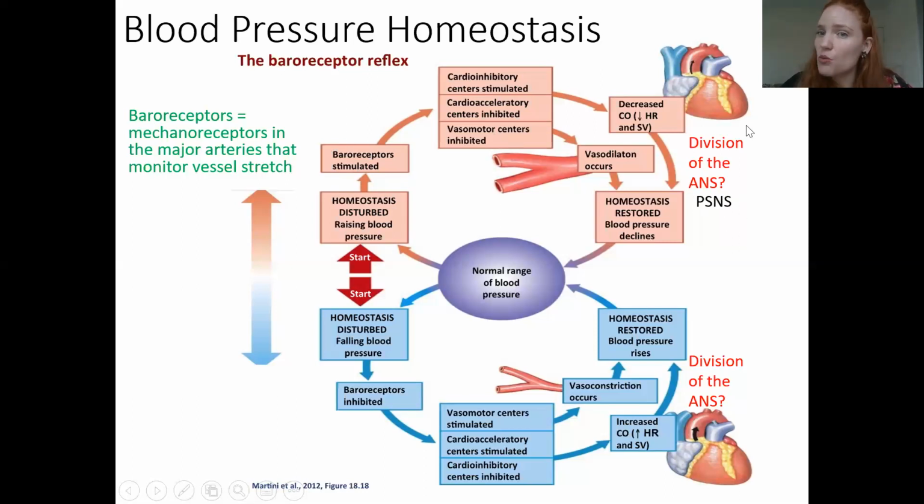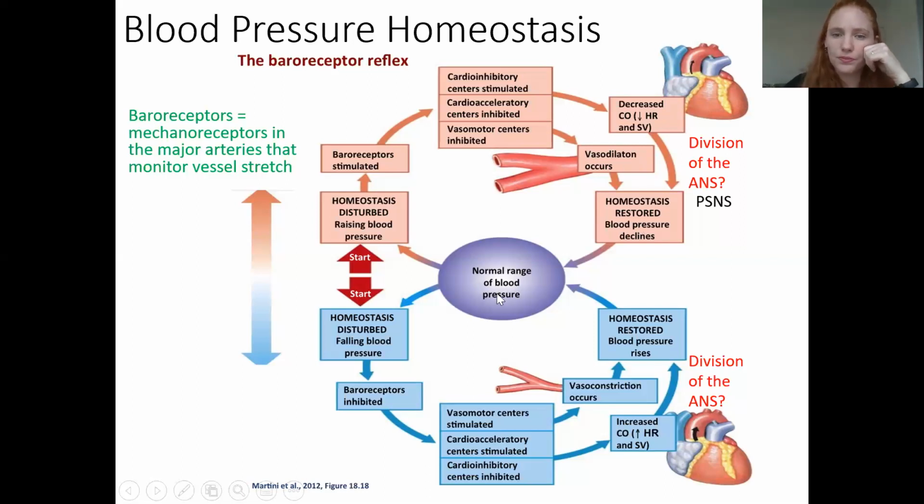The effector would be the heart and the blood vessels, so 2 effectors. And then the response would be the decrease in heart rate and also vasodilation. Remember, the response is the action taken by the body to go back from the change. It's not the going back from the change itself.